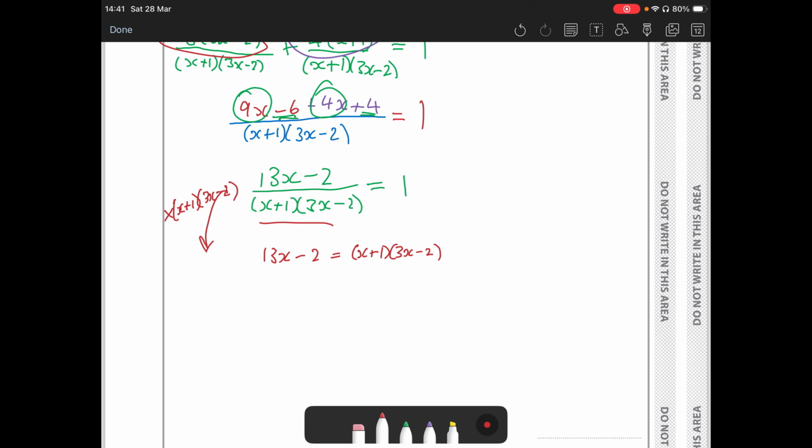So, at this point, I'm going to multiply out the bracket. Keep that the same there. And on the left, we're going to have 3x squared minus 2x plus 3x, take away 2. Before I move these two things over, the minus 2x and the 3x give me plus x.